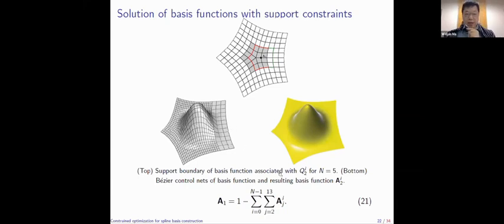And also with this scheme, for all the basis functions we solve, we only need to solve the basis function for control points of a single sector, because all the others are rotationally symmetric. And then also we can guarantee the partition of unity.